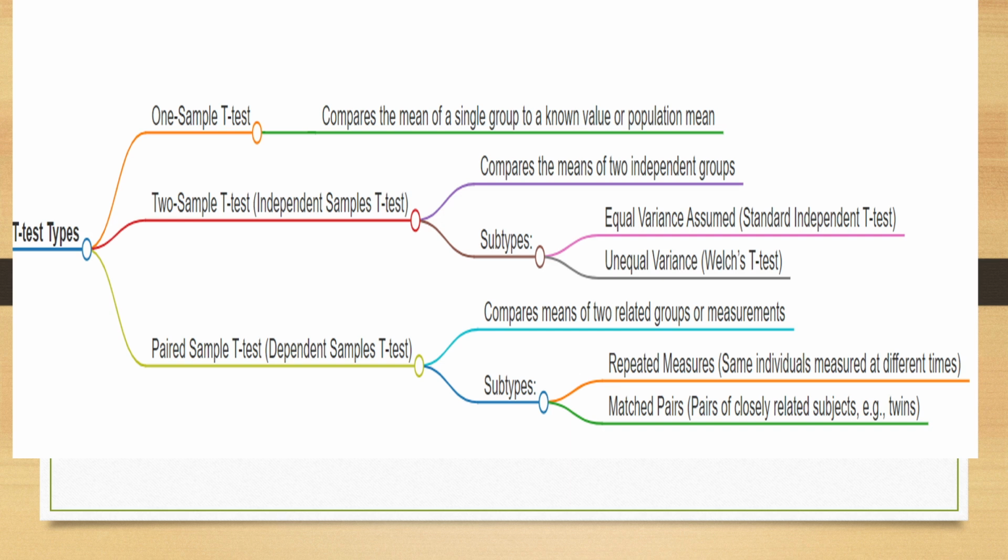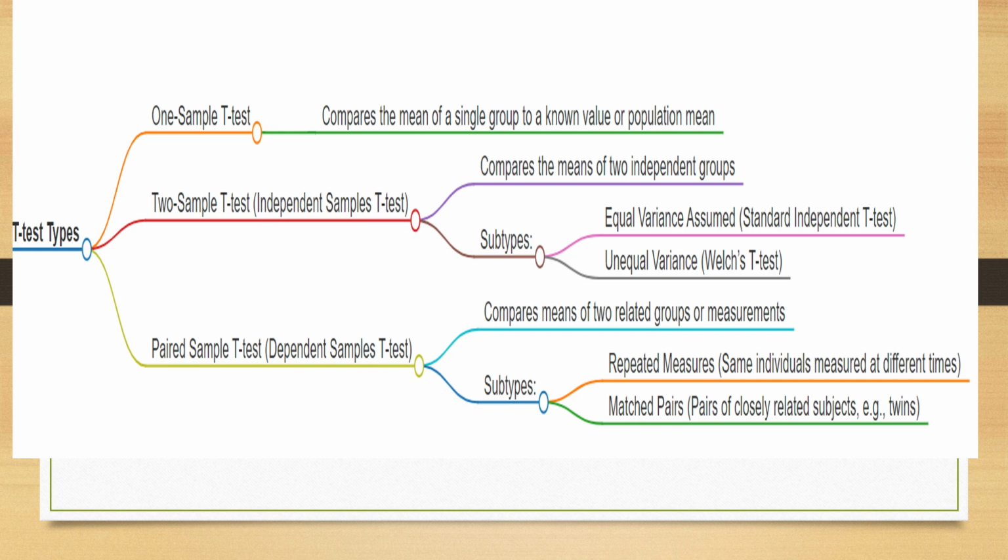Now the one sample t-test compares the mean of a single group to a known value or population mean. In the one sample test you will have the value of the population mean. Suppose the population mean is 300.